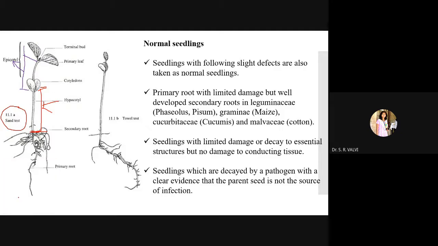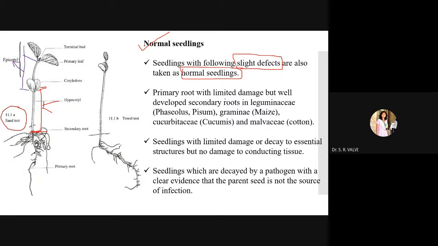Now see here, normal seedling characteristics again: seedlings with the following slight defects. If your seedling has a slight defect, it is still recognized as a normal seedling, right?